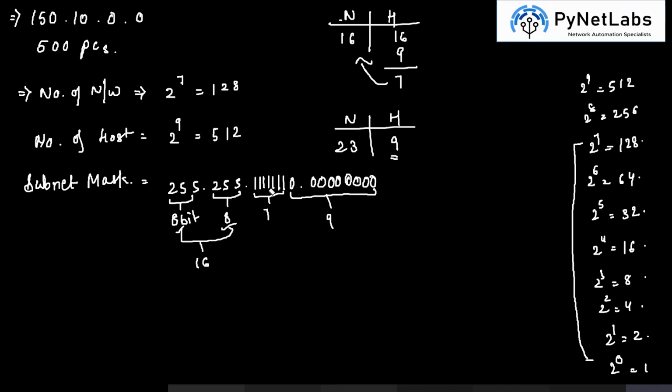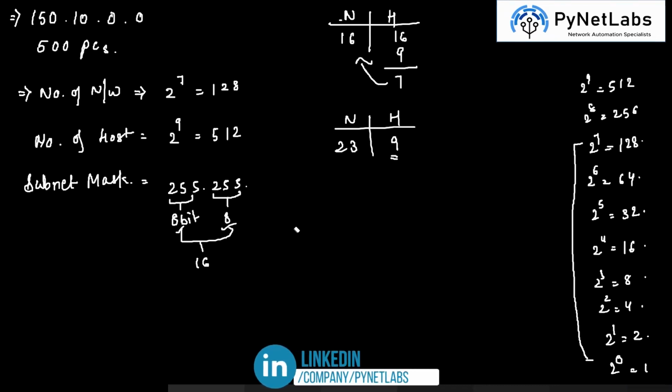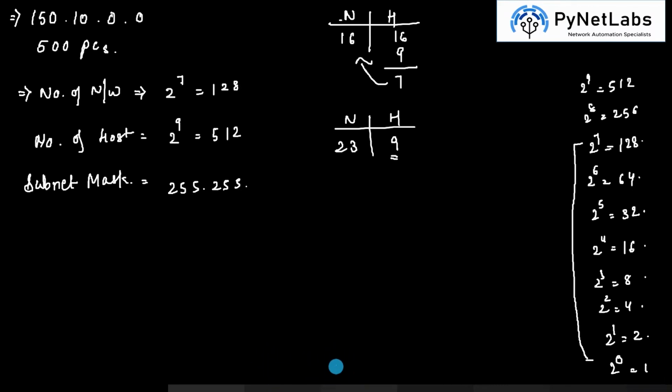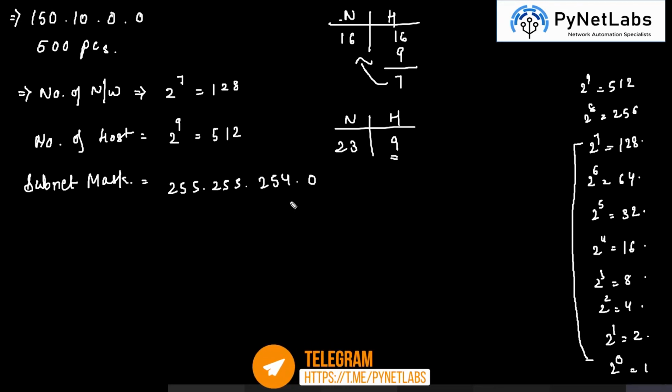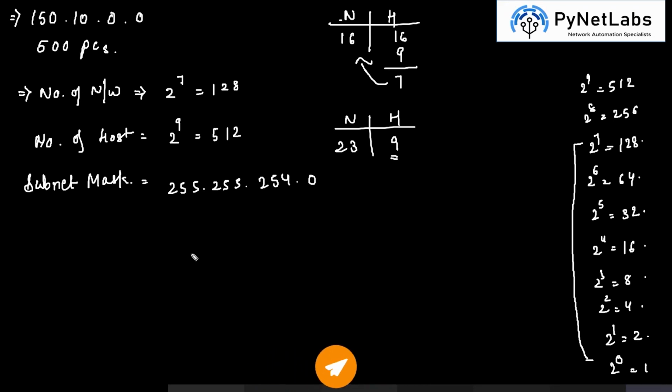So we know the value of 7 bits now. It's 254. And with that, we also get our subnet mask for the range. We have here 254, then we have 0. This is the subnet mask for this distribution of 500 PCs.